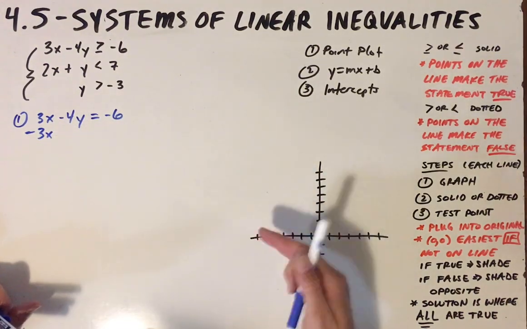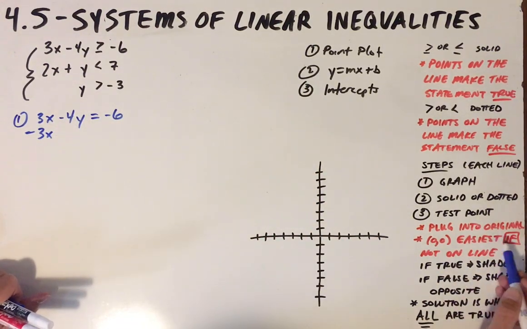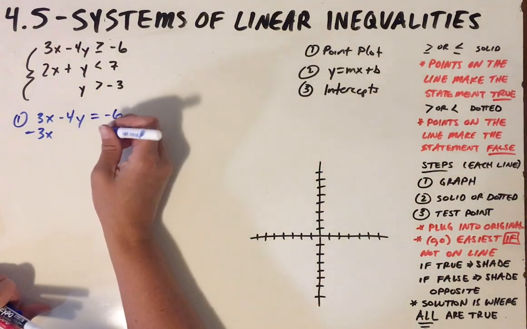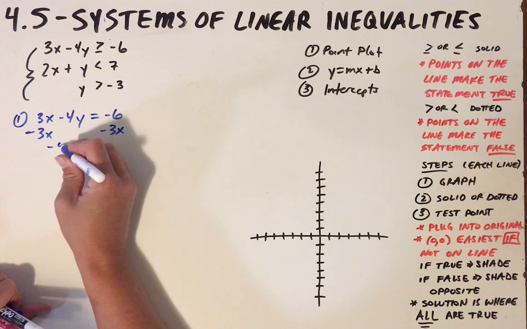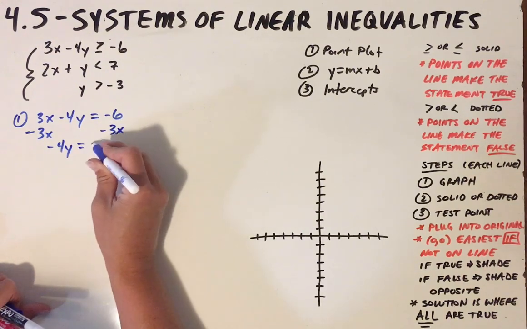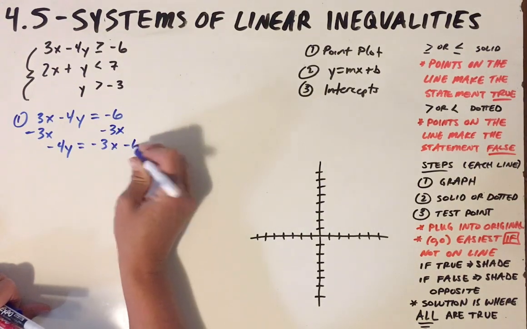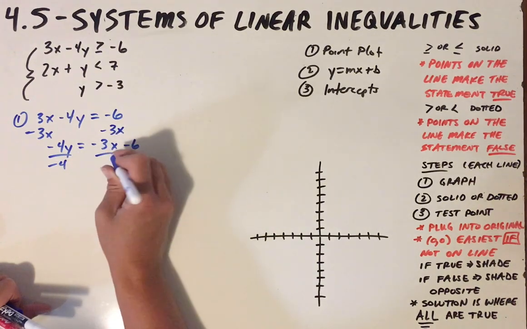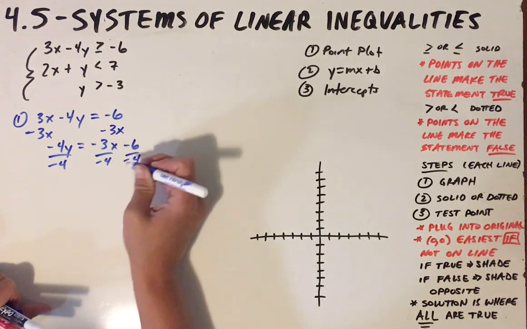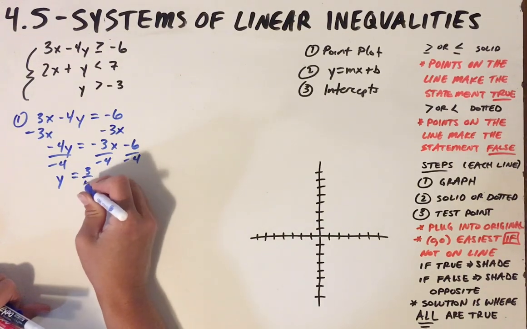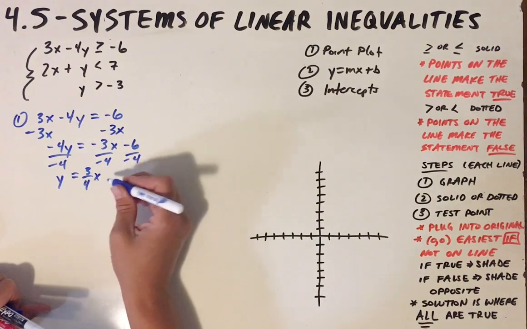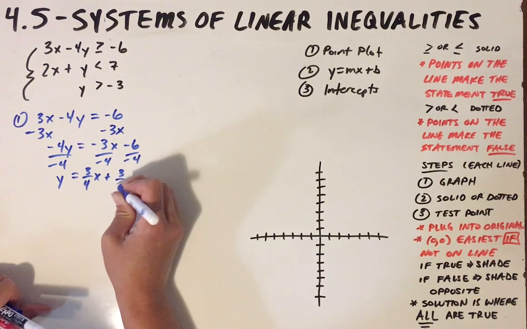It only matters when I'm determining where to shade, and because we plug that into an original, we'll account for that sign. So we'll get that negative 4y is equal to negative 3x minus 6 divided by negative 4, and we get that y is equal to 3/4 x plus 3/2.